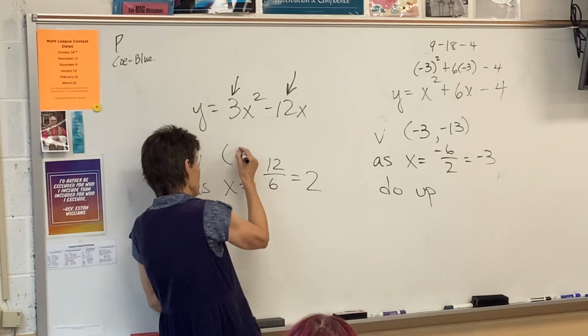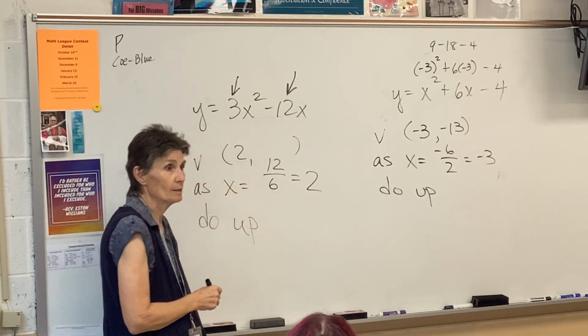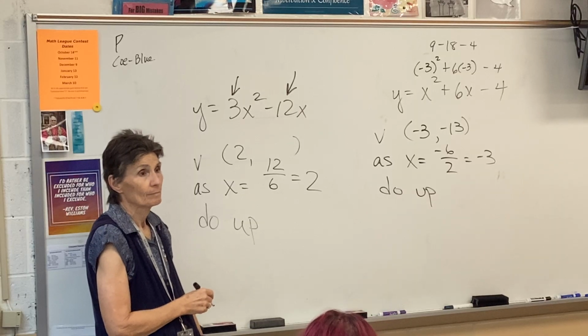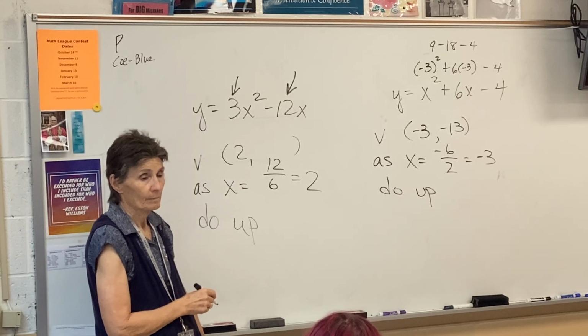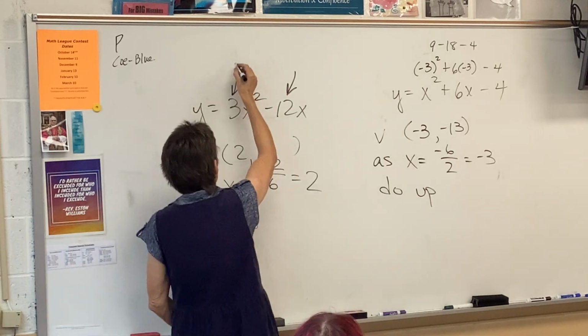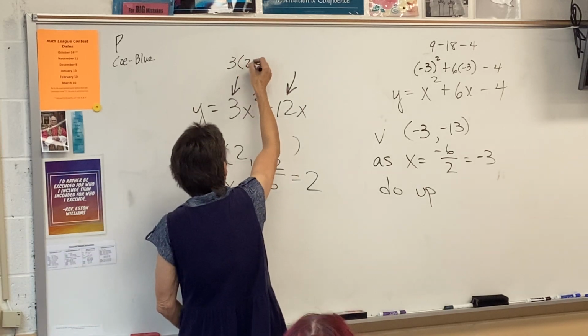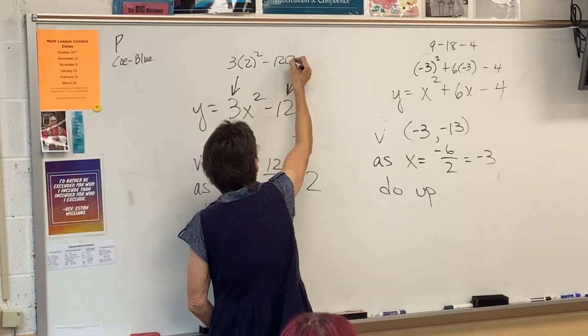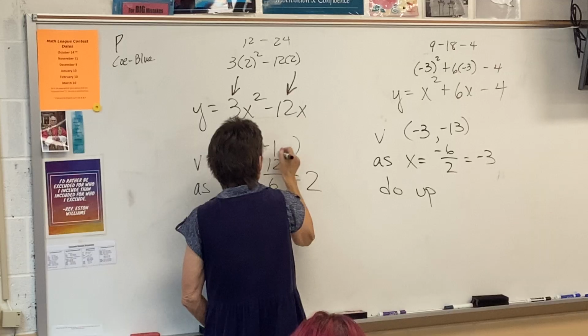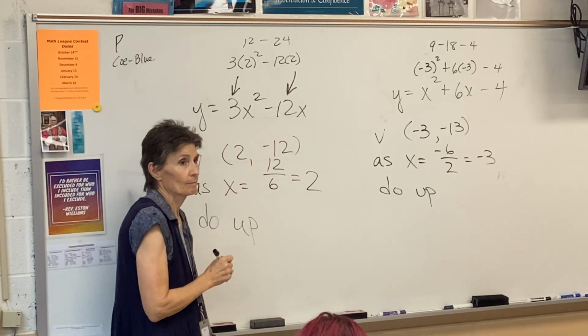Which means your vertex is 2, comma something. Comma what? Negative 12. I got negative 12. Is that what you got?